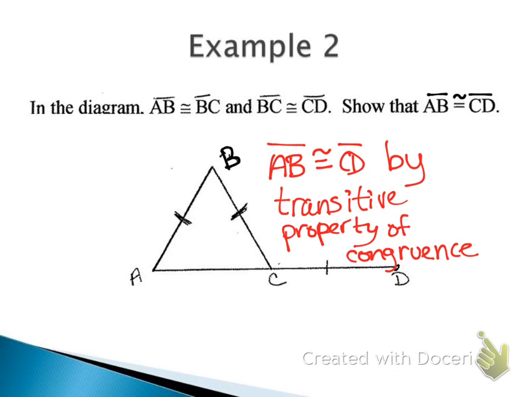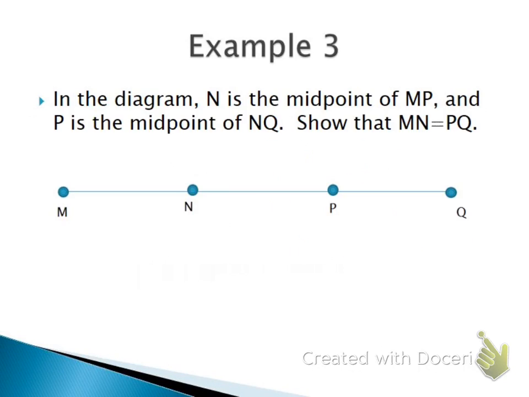Wonderful. So they gave us information in the beginning. We were able to use a property, in this case the transitive property, in order to show what they wanted us to. So AB is congruent to CD by the transitive property of congruence. My recommendation on these types of problems, if they give you a diagram and they have not marked it yet, is to start marking it with what you know. So they tell us that N is the midpoint of MP.